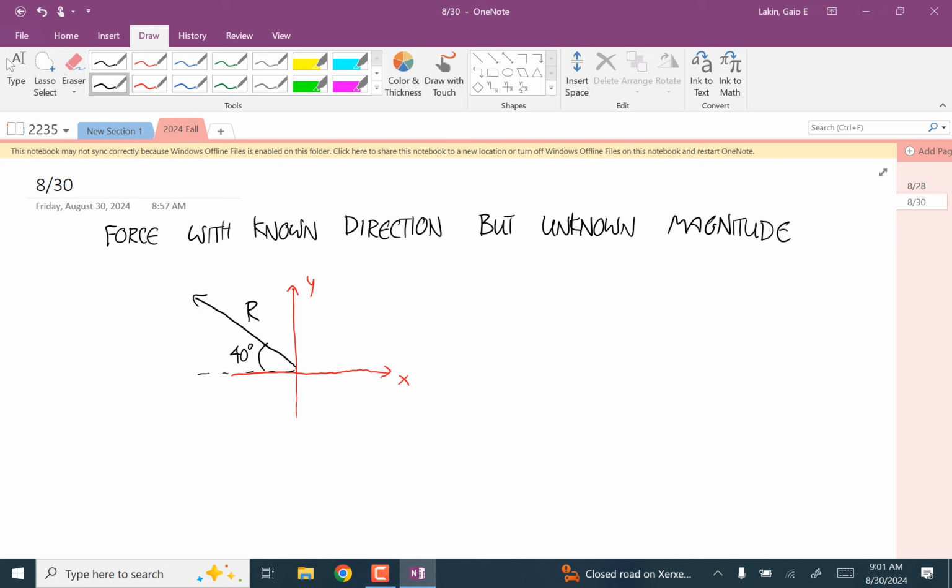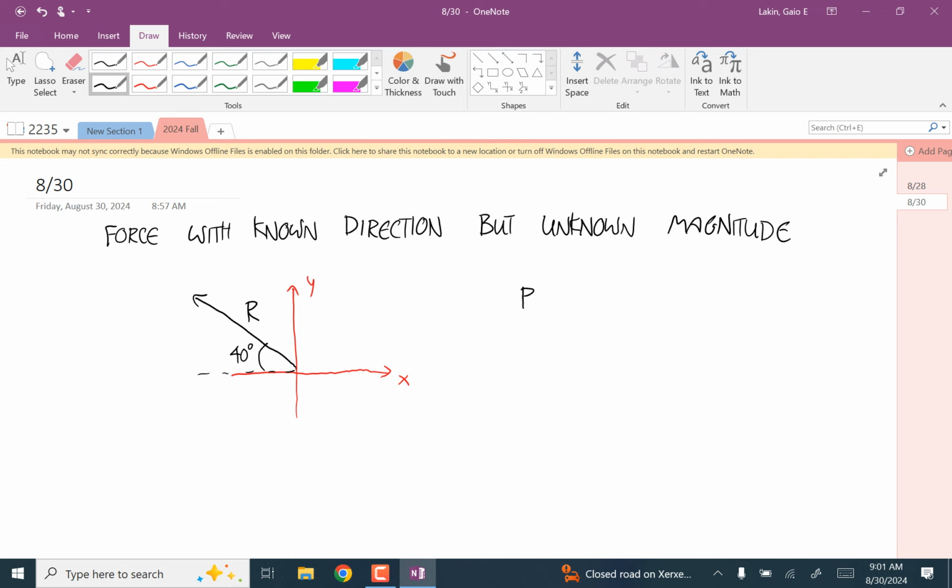Well, if you know that angle, you can represent this using cosine and sine. I said before that you take the counterclockwise angle from the positive x-axis to the vector, use cosine and sine, and then multiply it by the length of the vector. In this case, we don't know the length, but we're going to call it the variable r.